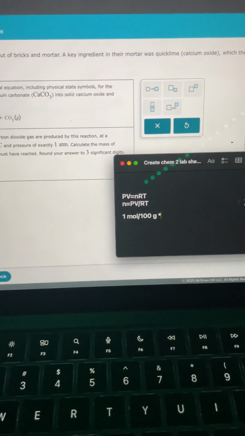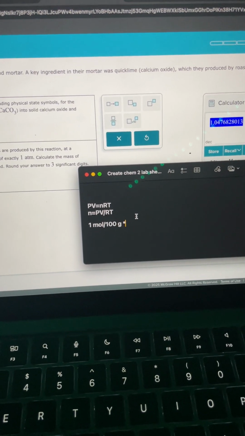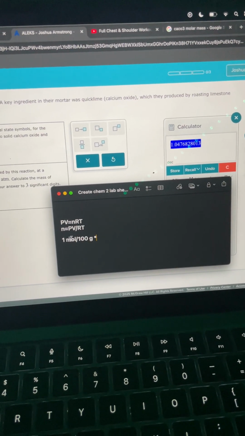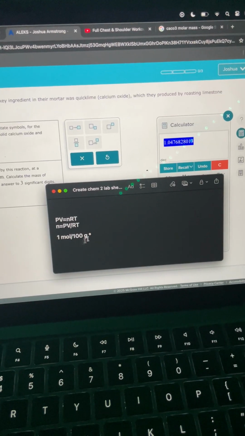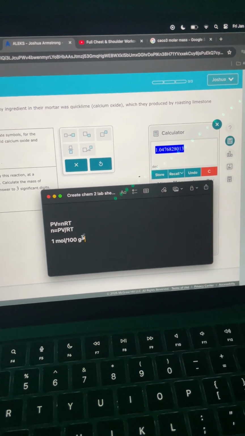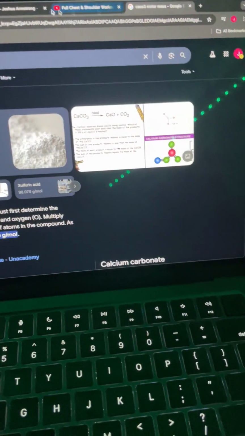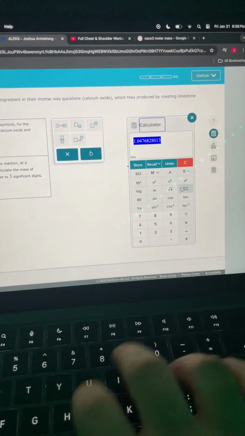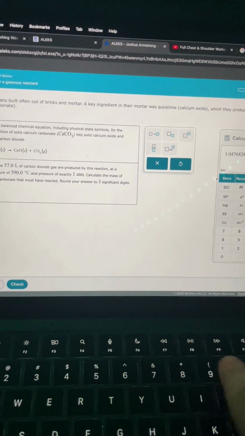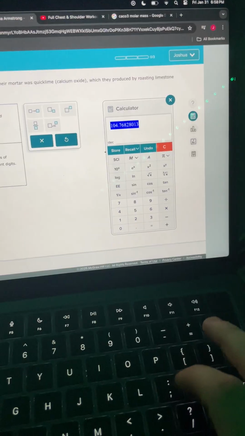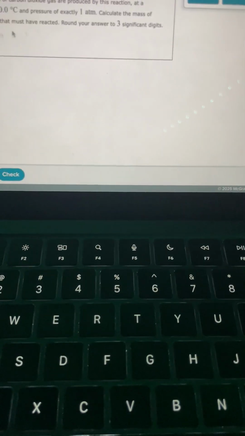So this is actually upside down, so it's gonna be 100 grams over 1 mole times this mole, so that they cross each other out diagonally. So since we know that we're gonna multiply by 100 grams, we're just gonna take this and multiply it by 100, and yeah, that's it.